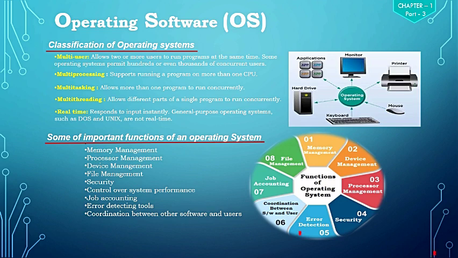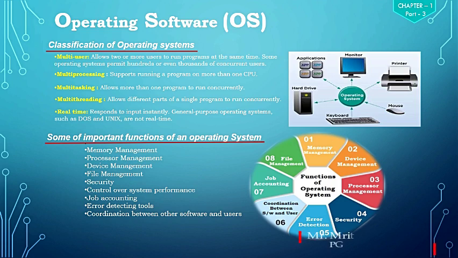Then next is security. So operating system provides the internal security as well as the external securities like firewall and Windows Defender. So these all are the security measures. Along with that, it also provides authentication and authorization through which we can control the unauthorized access of the computer.